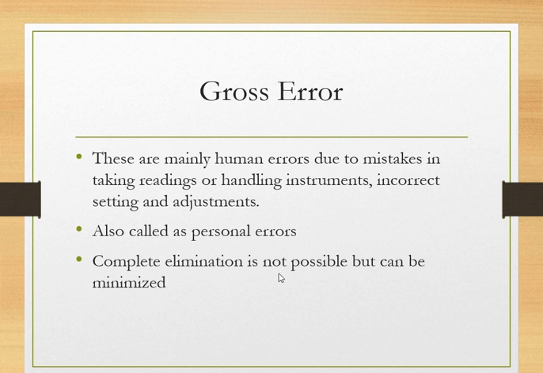Complete elimination is not possible, as it depends upon the human, but it can be minimized by following different procedures or steps. For example, suppose you are handling an instrument. Without relying on one reading, more readings should be taken by different people in order to avoid readings with the same errors.